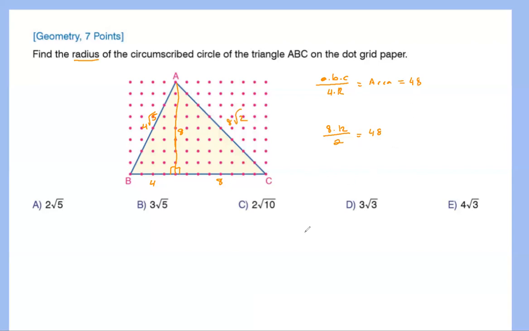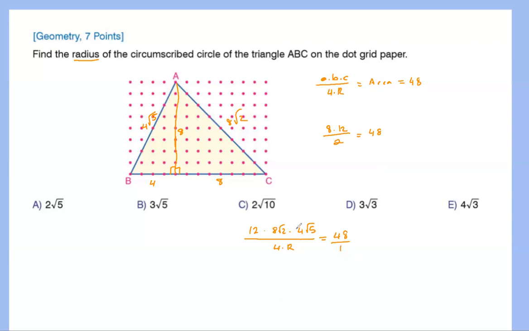Based on that, we can just apply the formula. Let's say A is 12, and then B is the side, this one, which is 8 root 2, and then C is 4 root 5. And this whole thing is divided by 4 times the radius of the circumscribed circle, and this is equal to 48. I can write 48 over 1.